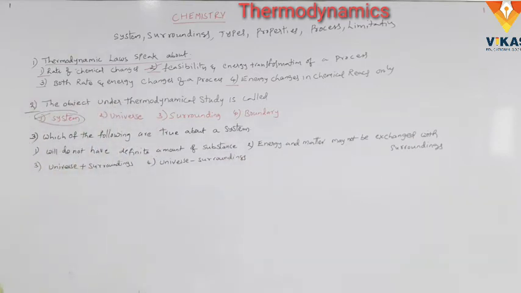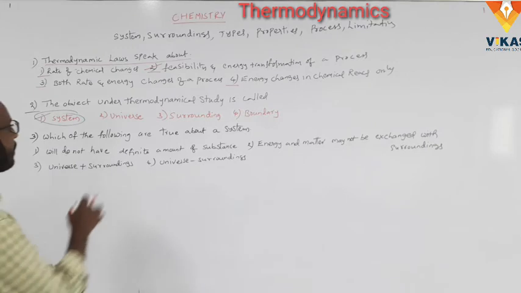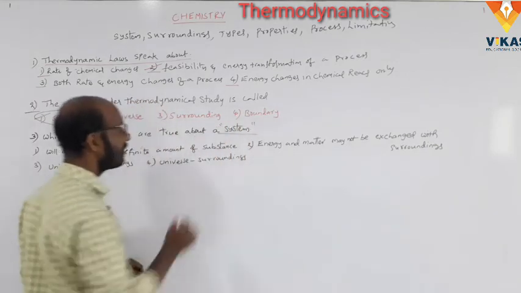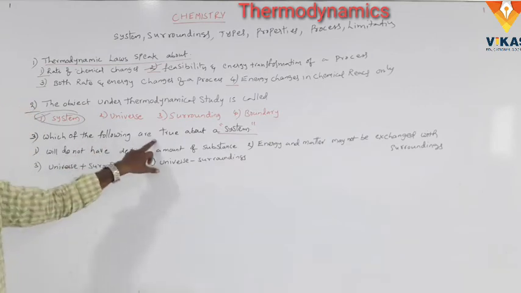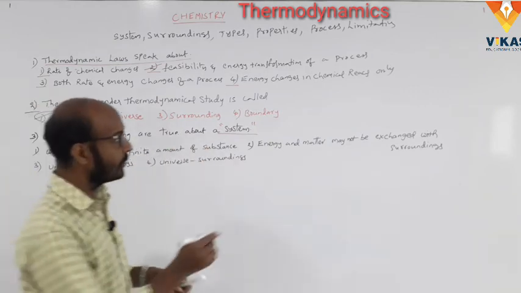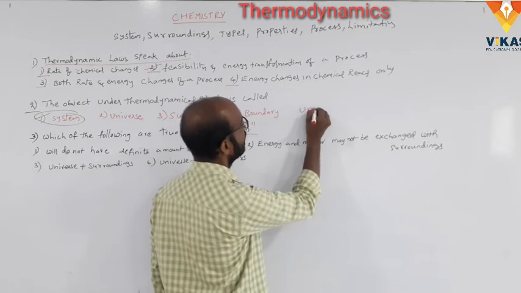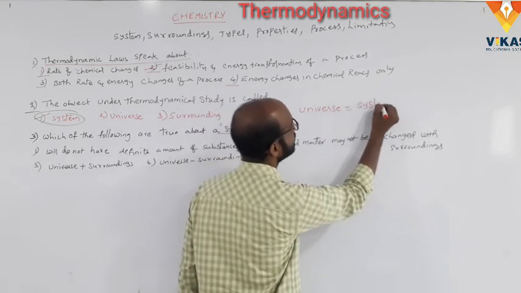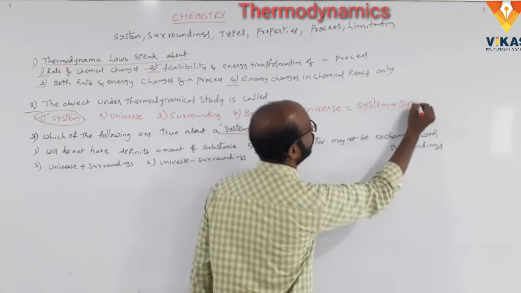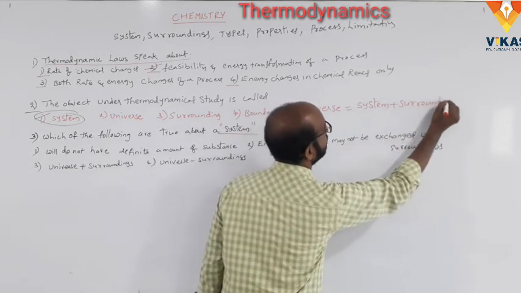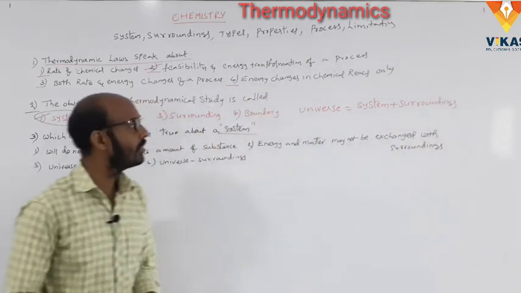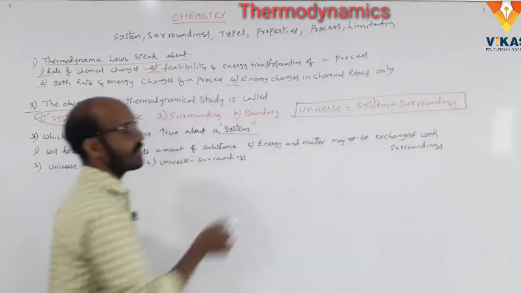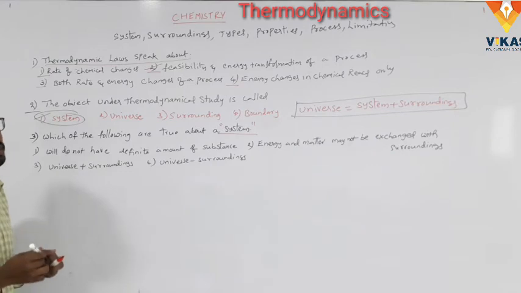So answer cheppandi ana, which of the following are true about the system annadu ikkada chudandi. Which of the following are true about the system? We know the universe. So what is the universe? Universe is equal to system plus surroundings. మన క్లాస్లో చెప్పుకున్నాం, universe is equal to system plus surroundings.